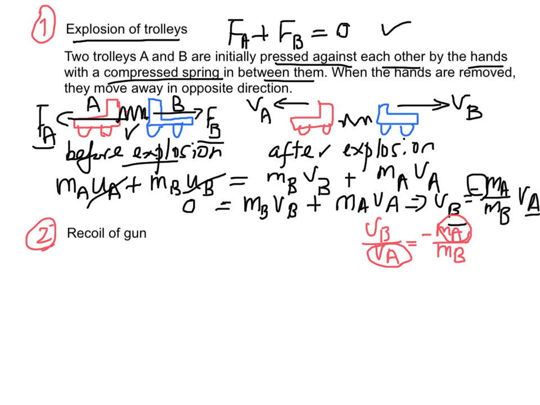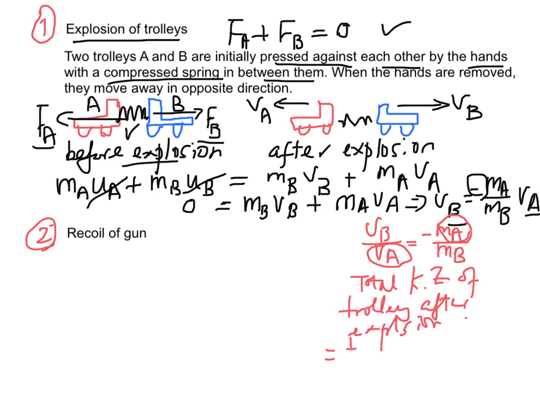Notice that the total kinetic energy of the trolleys after the explosion is equal to half MA VA squared plus half MB VB squared. Where does it come from?